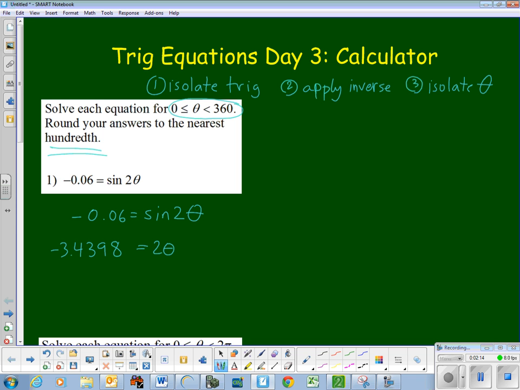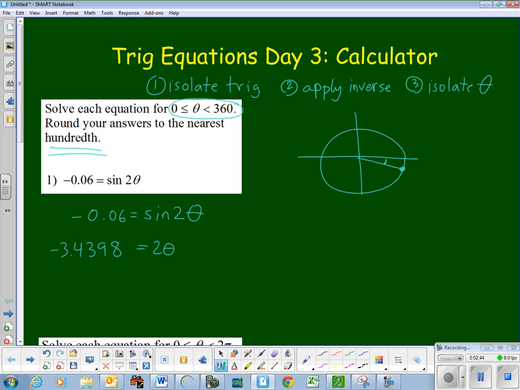Okay, now that's good, but remember that sine and cosine, they equal certain values at multiple places. So if I think about my unit circle, what the calculator has told me so far is at negative 3.4-ish degrees, all right, a little bit smaller than that, but for the picture's sake, this angle right here has a y value or a sine of negative 0.06.